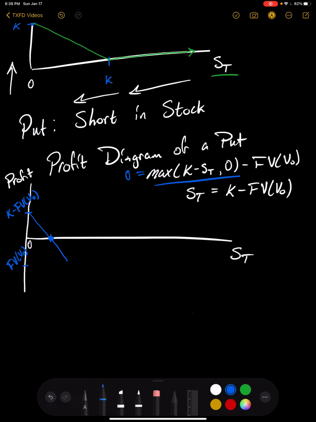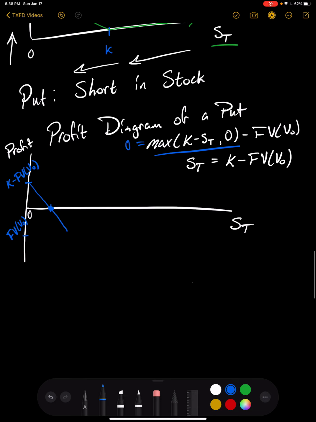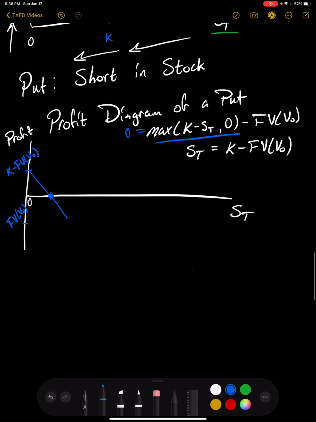And it's a little counterintuitive to think about puts as opposed to calls. Thinking about calls is easier to visualize, at least for me, because it's easier to think about a position increasing with respect to the value of the stock than decreasing with respect to the value of the stock.